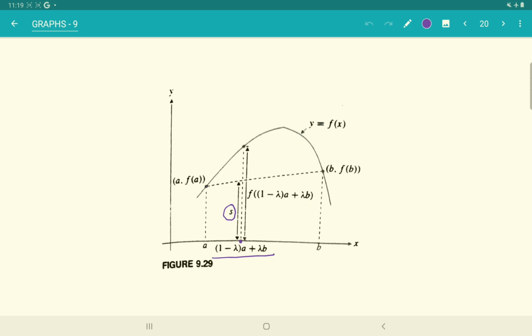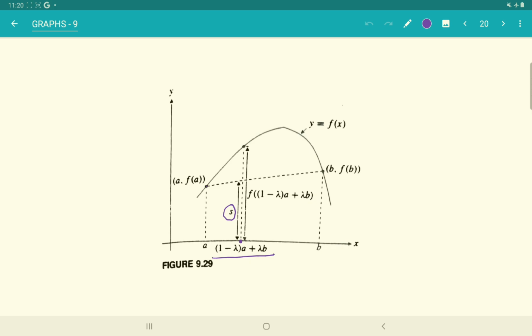So the line joining these 2 points, let's say a, f of a and b, f of b, should never be above the graph of the function. It should always lie below the graph, or be on the graph of f.